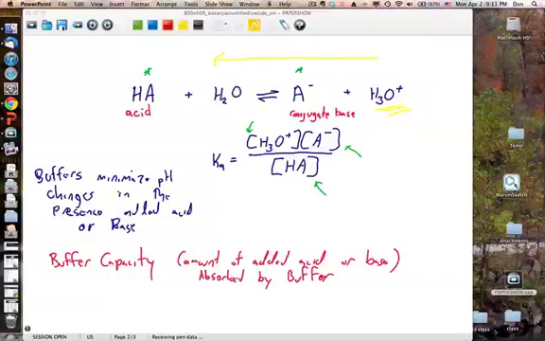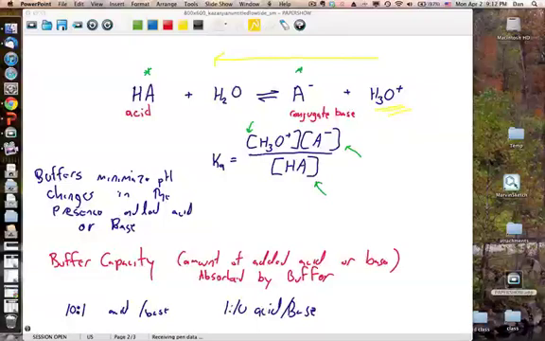So usually the best buffers are a mixture of somewhere between 10 to 1 acid to base, or 1 to 10 acid to base. So if you're trying to soak up a lot of acid, you probably want a greater amount of the conjugate base.